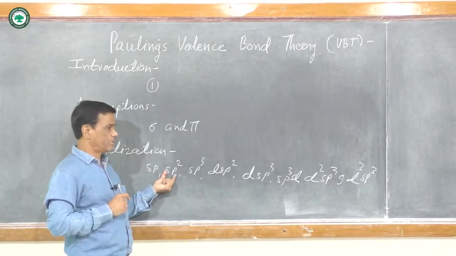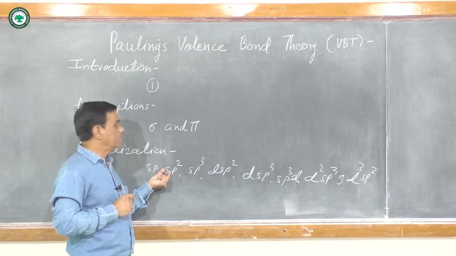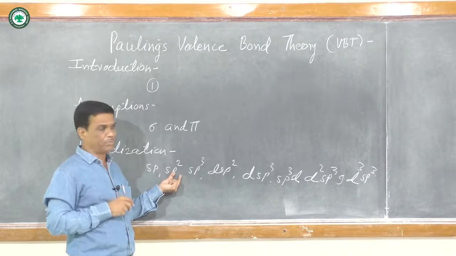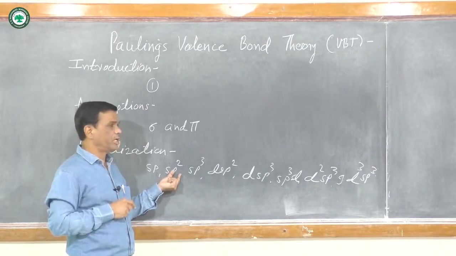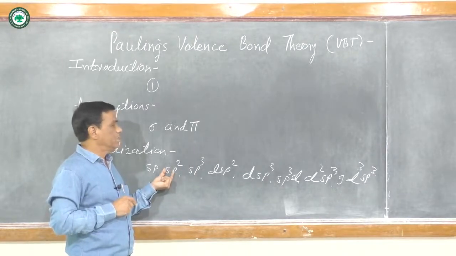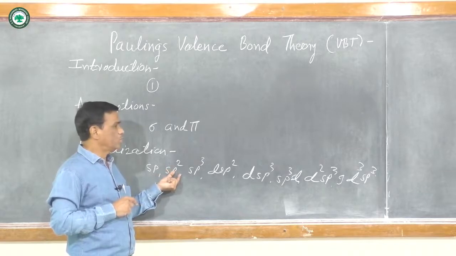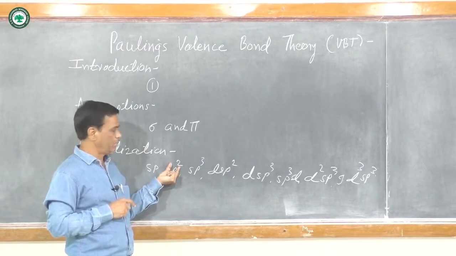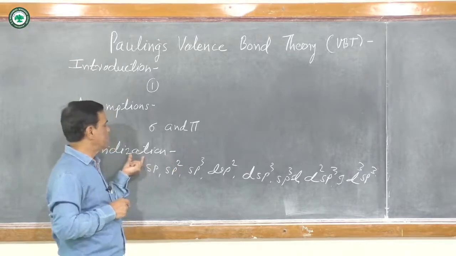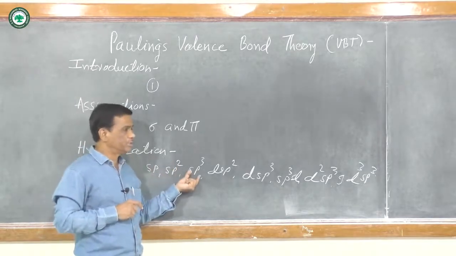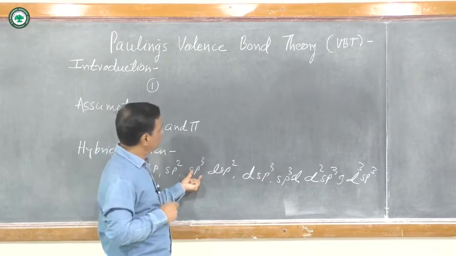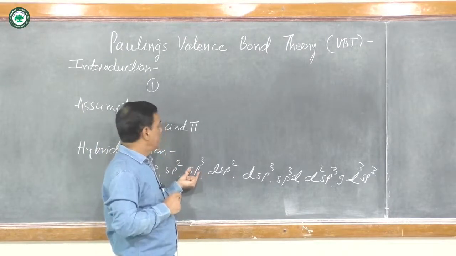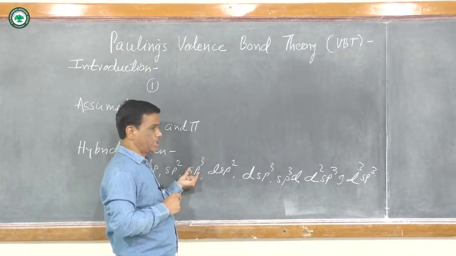In sp2 hybridization, one s orbital combines with two p orbitals. You know there are three types of p orbitals, px, py and pz. Out of that, one s orbital and two p orbitals combine, and there is a formation of sp2 hybrid orbitals, and that is sp2 hybridization. In sp3 hybridization, one s orbital and three p orbitals, px, py and pz, combine, and this is the sp3 hybridization.